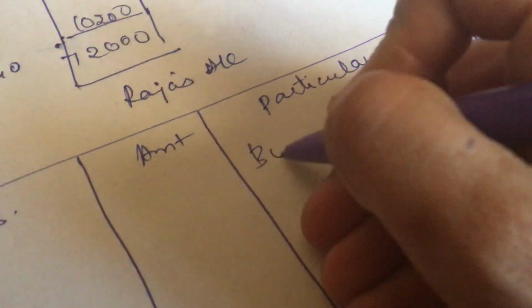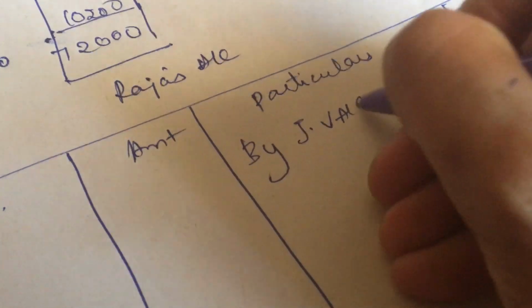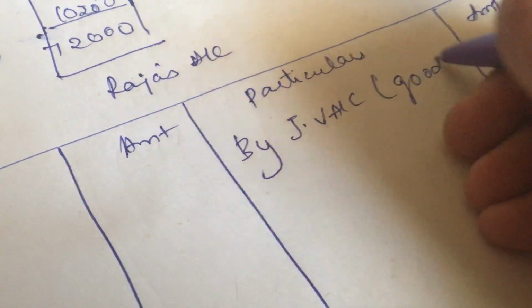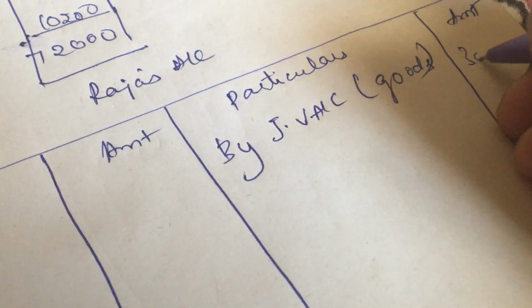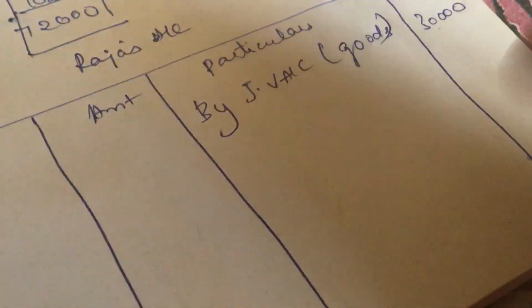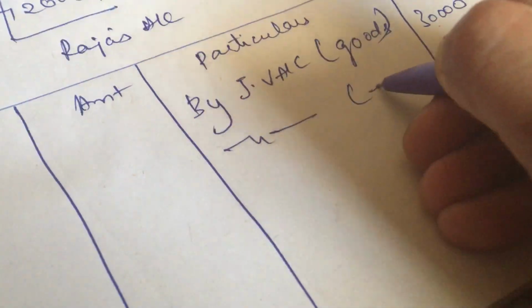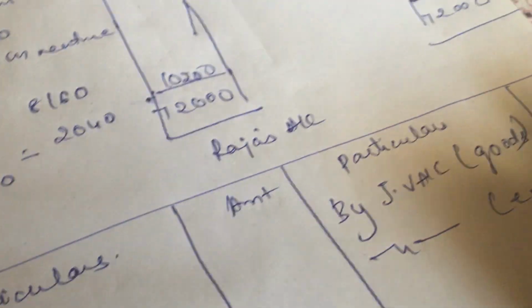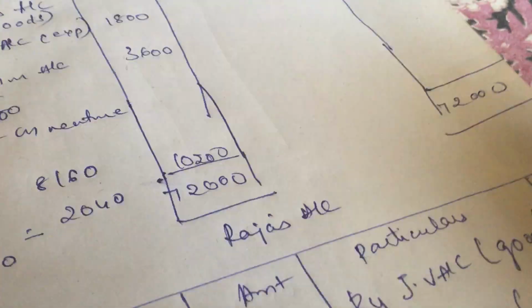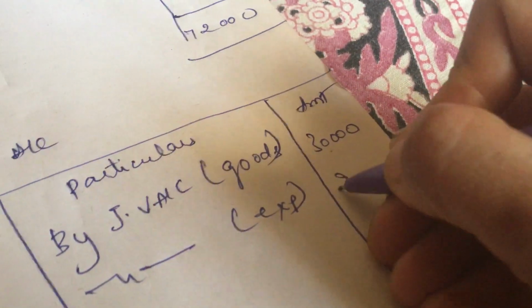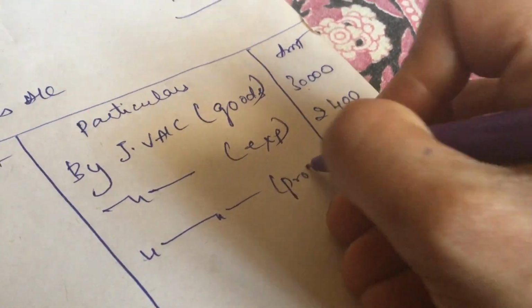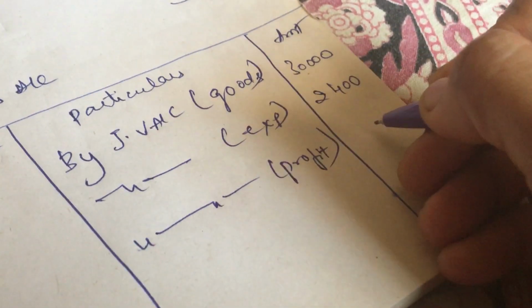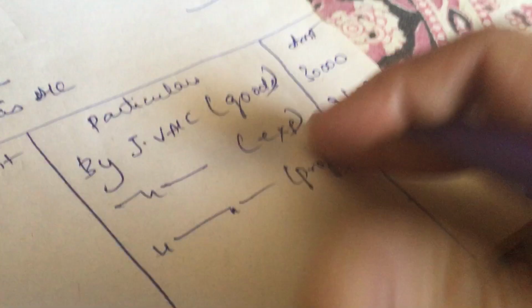By joint venture account, goods supplied, the amount is 30,000 he paid. And for the expenses, he paid rupees 2,400. And for share in profits, he got 8,160.